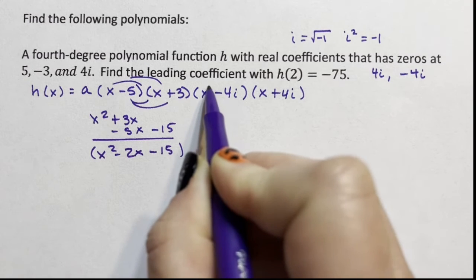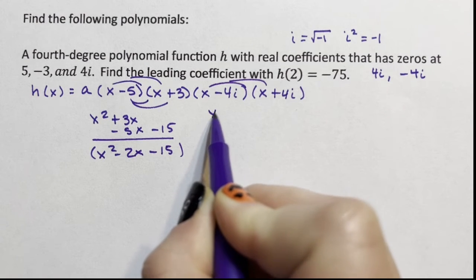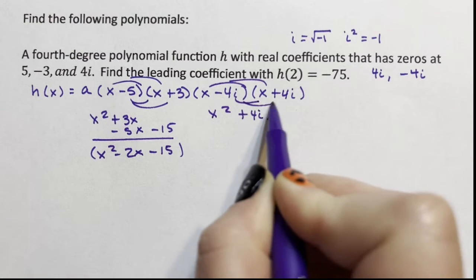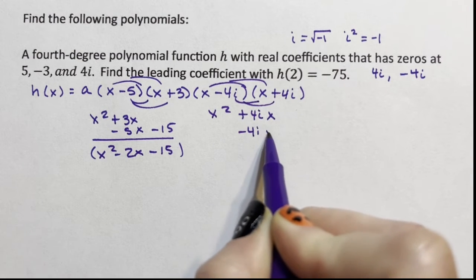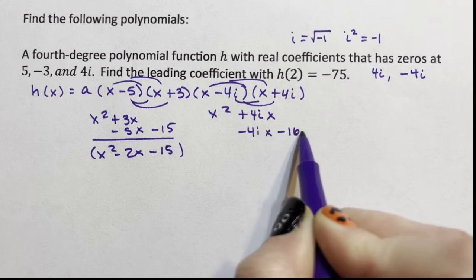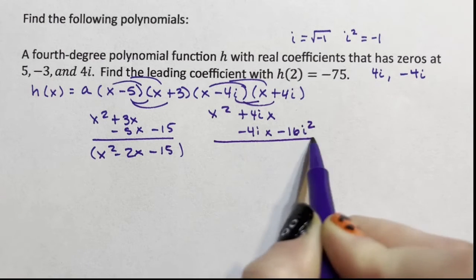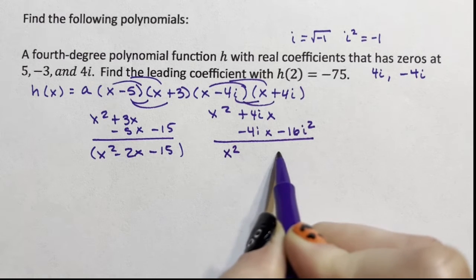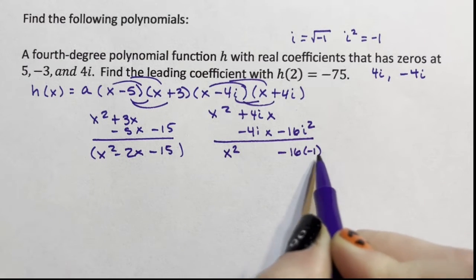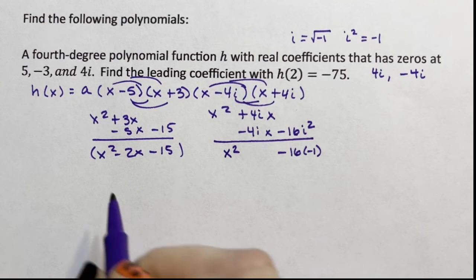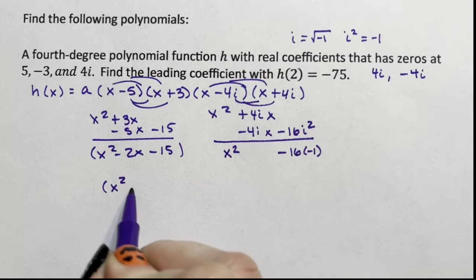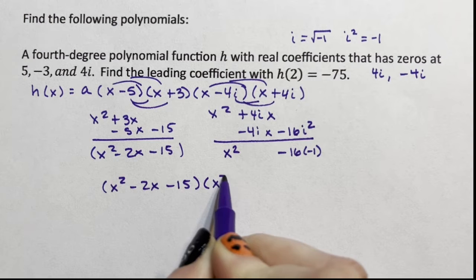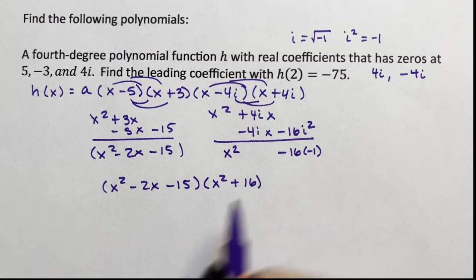When I multiply these, I get x squared plus 4ix minus 4ix minus 16i squared. So i squared is -1, so we get x squared minus 16 times -1. So what I'm going to end up multiplying is x squared minus 2x minus 15 times x squared plus 16.